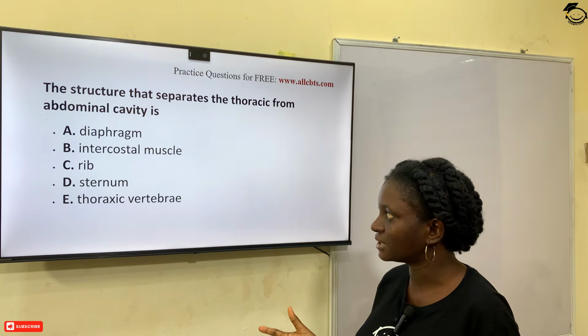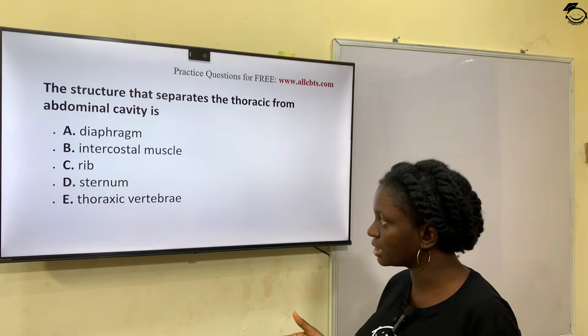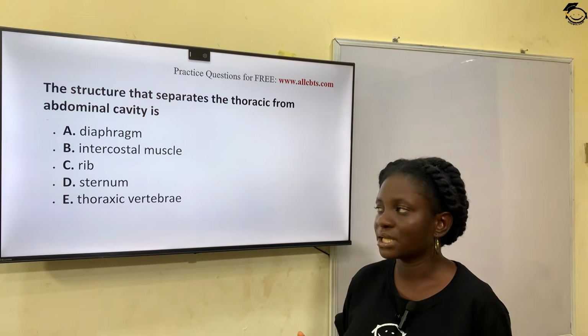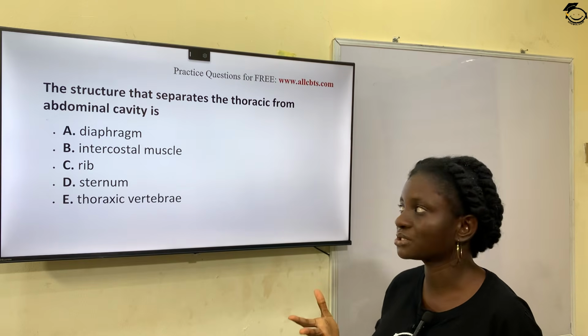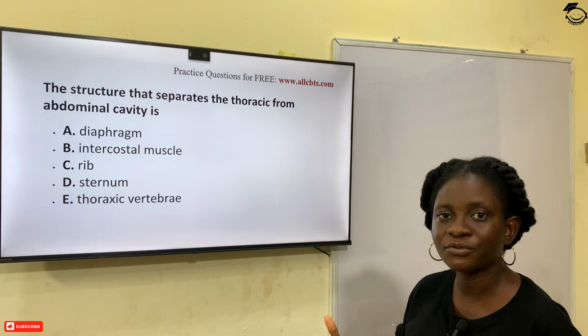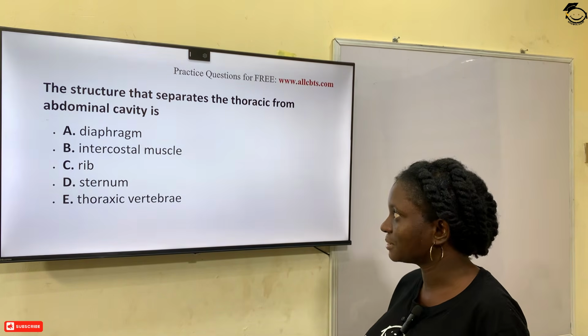Option A, diaphragm, B, intercostal muscle, C, rib, D, sternum, E, thoracic vertebra. The correct answer is diaphragm. Diaphragm separates the thoracic from abdominal cavity. Option A is the correct answer.